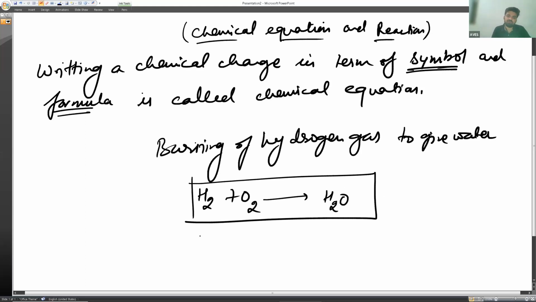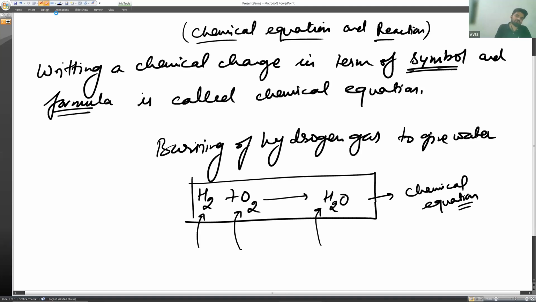I have written the formula of hydrogen, oxygen, and water, so it will be considered a chemical equation.